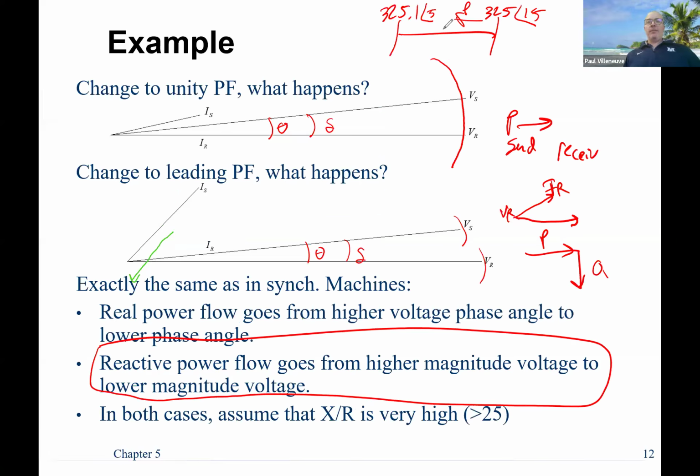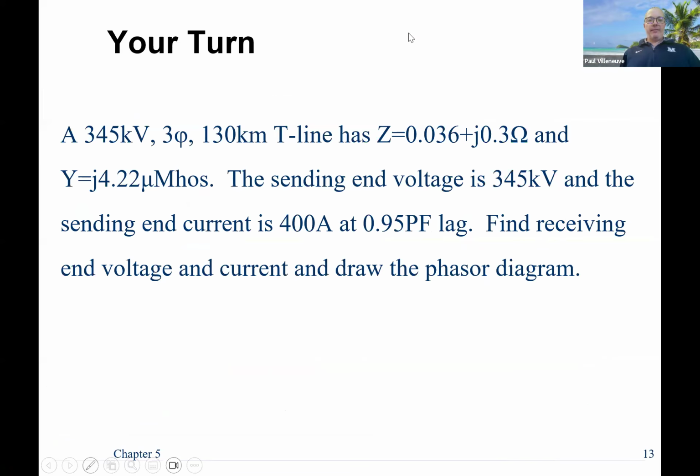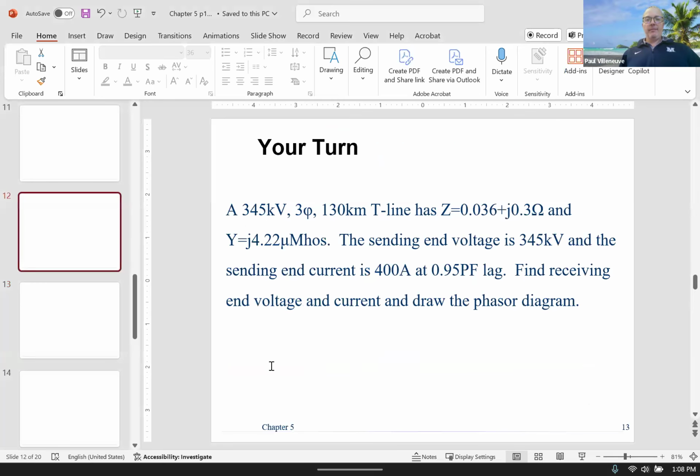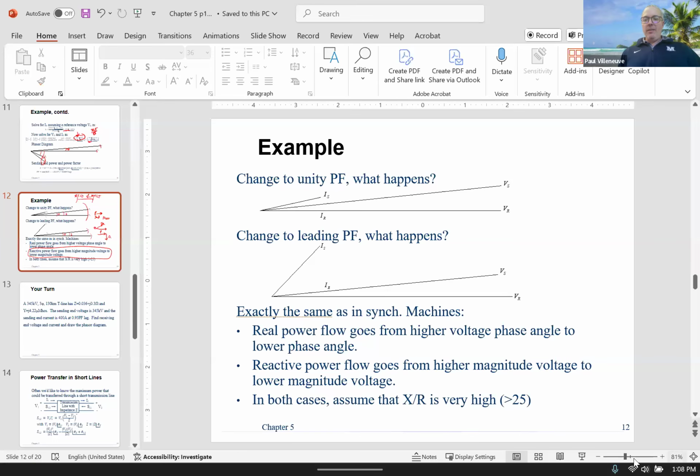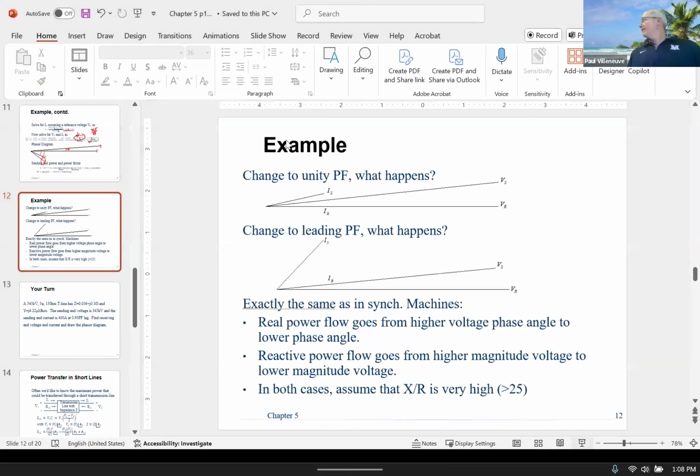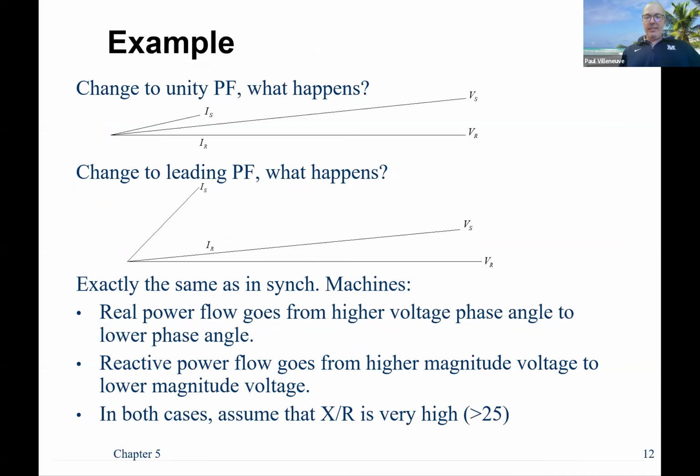All right. Whoops, what happened here? So what about unity power factor? So unity power factor is, no, it doesn't want to do it again.